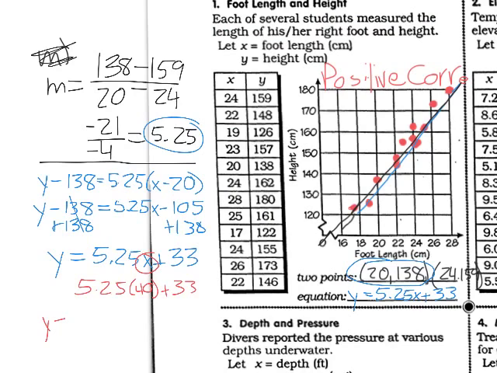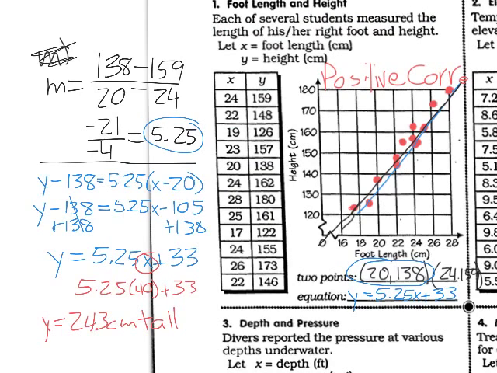So y is 243 centimeters tall. Obviously that doesn't work perfectly, it's just a relationship, but in general I could predict that somebody with 40 centimeter long feet would be 243 centimeters tall.